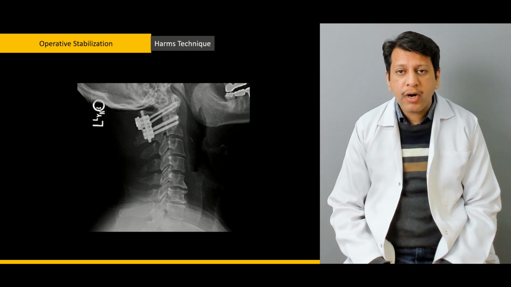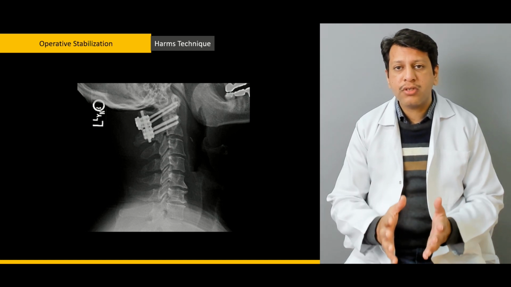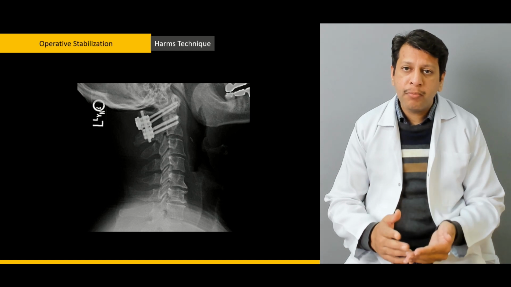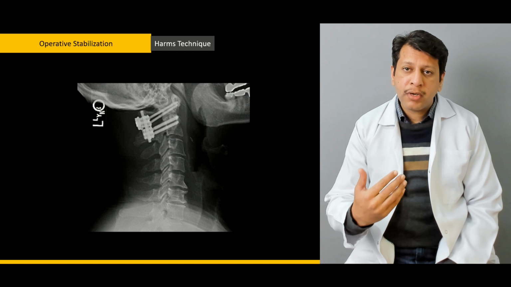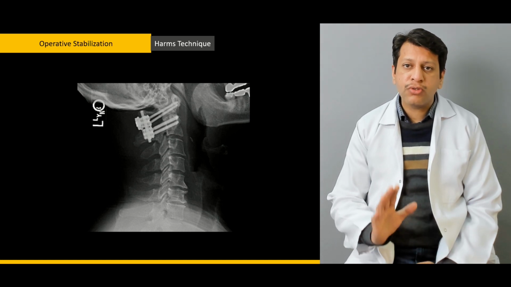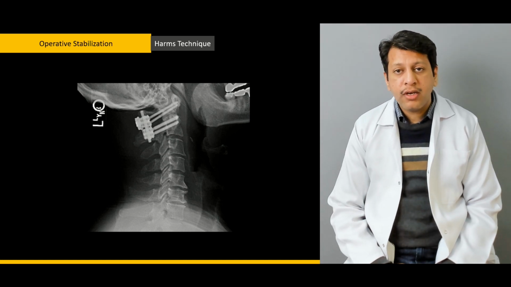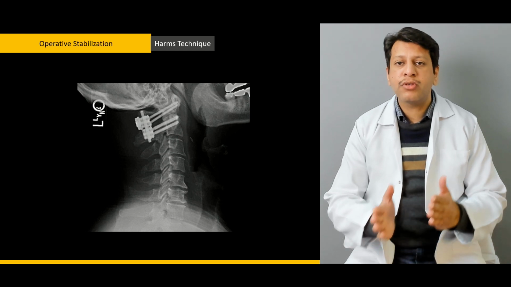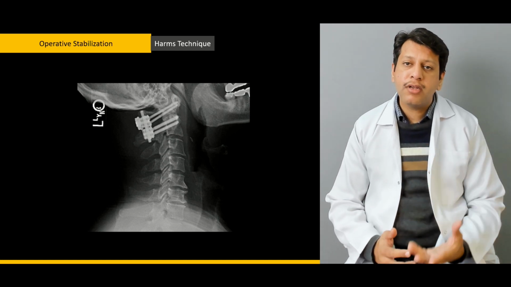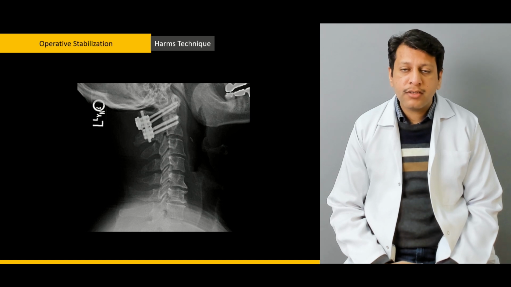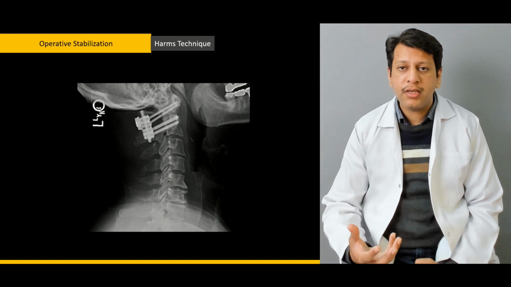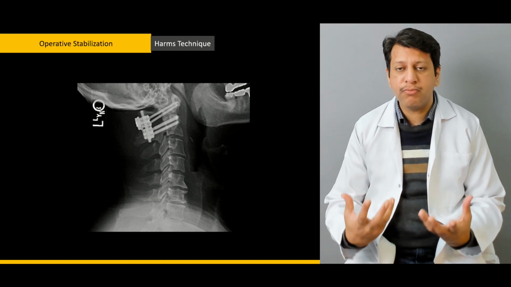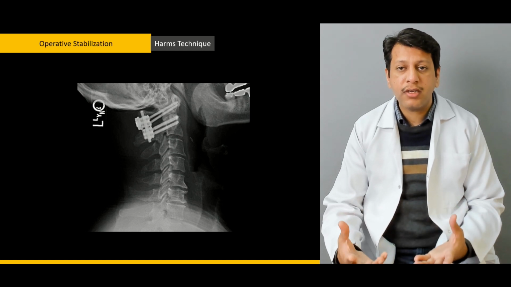What is important to understand is that you need to restore the stability of the spine. Why? To prevent further damage to the spinal cord, because if the spinal cord continues to be stenosed due to subluxation, this will eventually lead from cervical radiculopathy to cervical myelopathy, damage to the spinal cord, and a progressive cervical myelopathy, and the patient will have problems working with the hands as well as gait abnormalities.